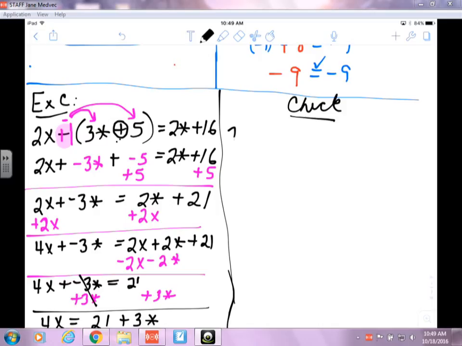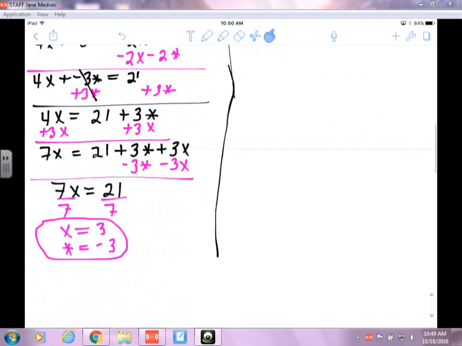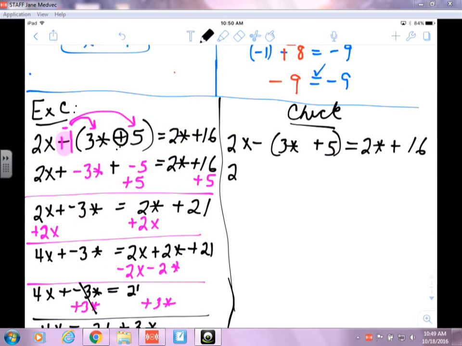So I'm going to go to the original, 2x minus parentheses 3 star plus 5 parentheses equals 2 star plus 16. I'm going to take out the x, and then I believe I'm going to put in a 3. So make sure that you put in the right number.